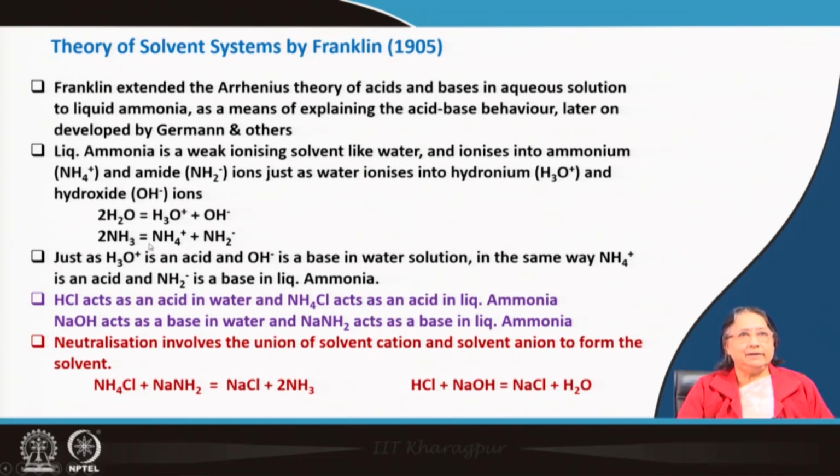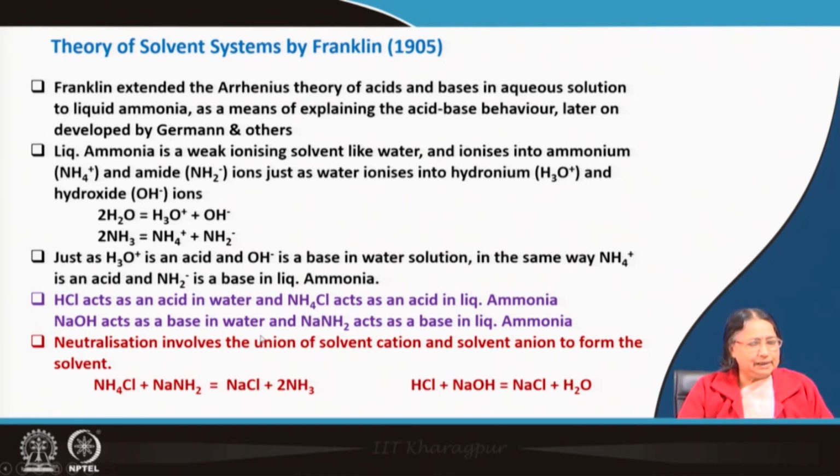So, this is the cationic part and this is the anionic part, and it is very similar to the Arrhenius concept. He said that something in liquid ammonia which gives ammonium ion is an acid and which gives amide ion is a base. But remember that this is extended in liquid ammonia.